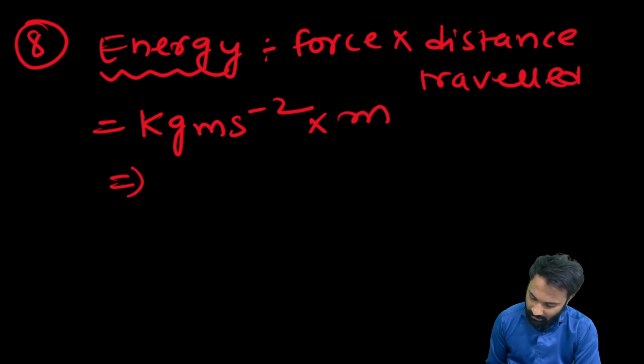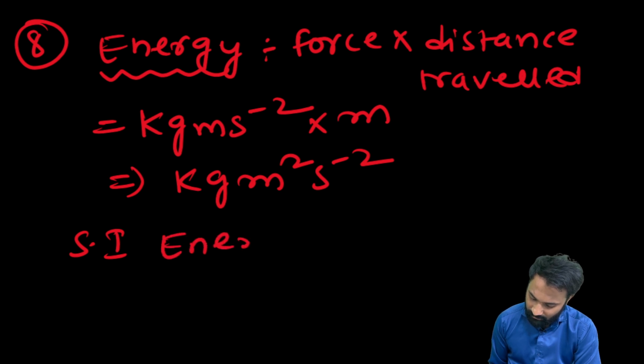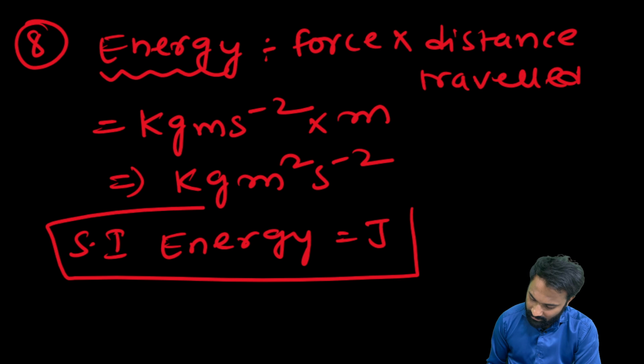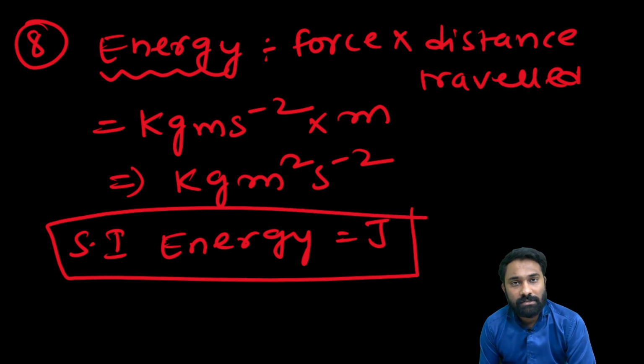Then this will be kg meter square second inverse square, clear. Now the SI unit of energy is joule. This one we call as a joule. Done, clear. These are some derived units we are having.